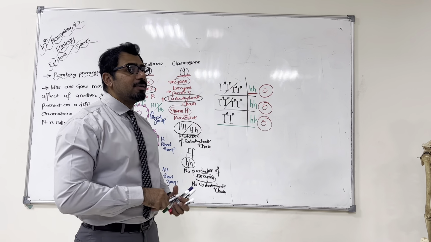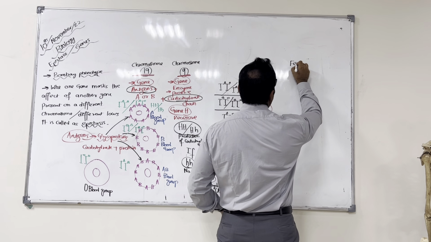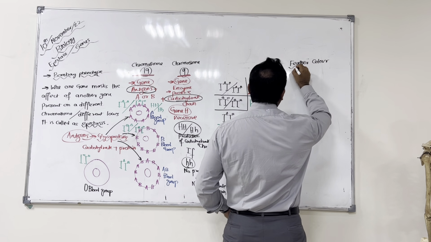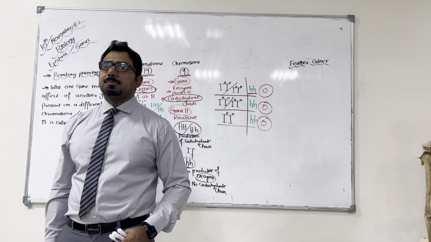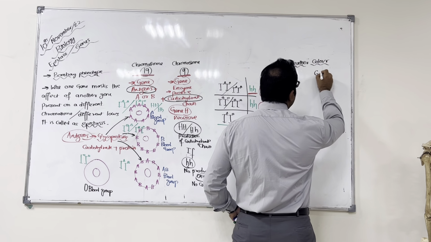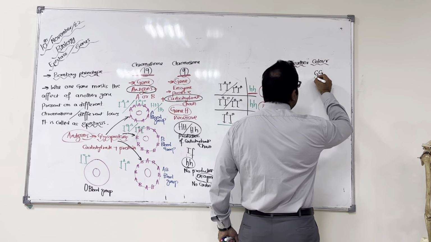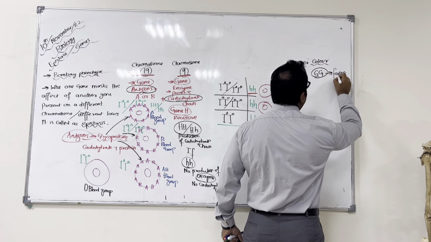Now, the example from your book. In your book, they have given the example of feather color. Now, feather color is also an example of epistasis. They say that there is a gene called G. This gene is responsible for feather color.